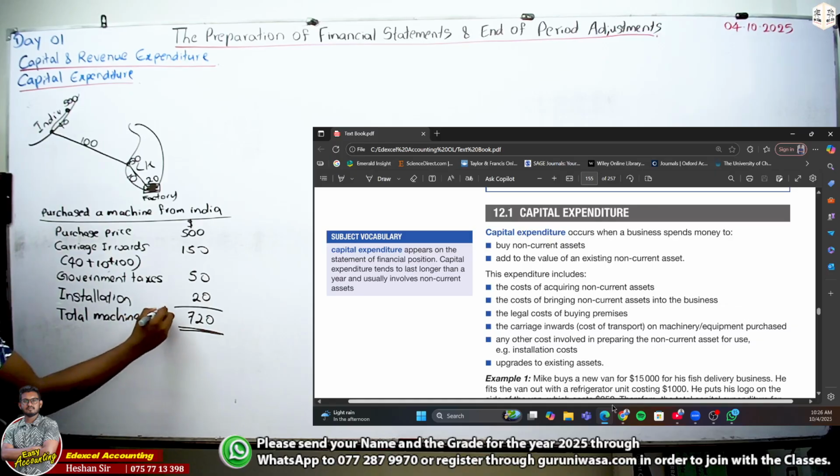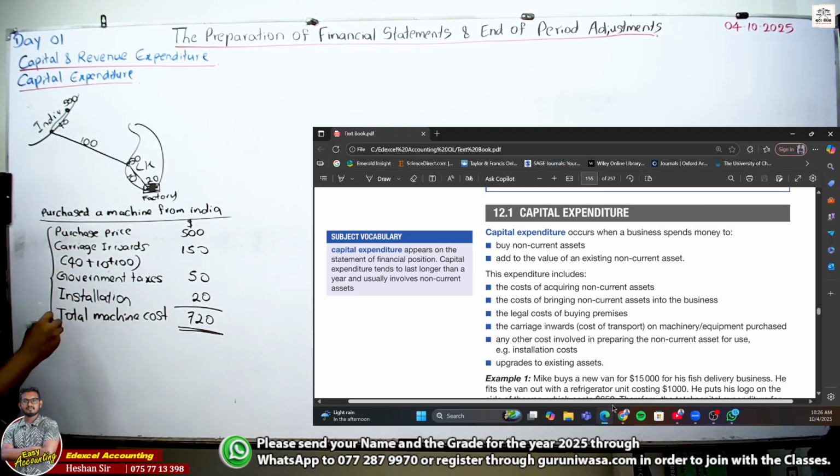Now just remember, here we identify all these are for the buying cost. Why is the buying cost not the purchasing price?